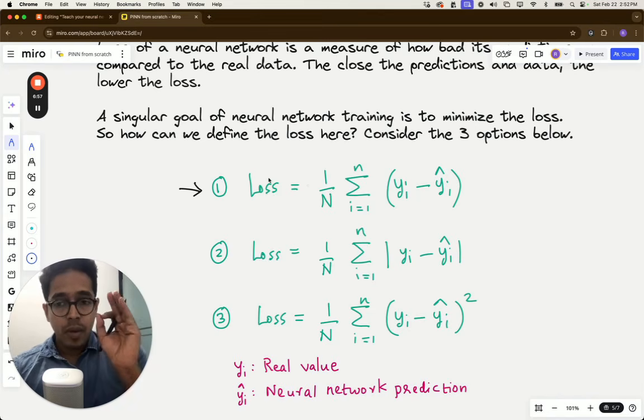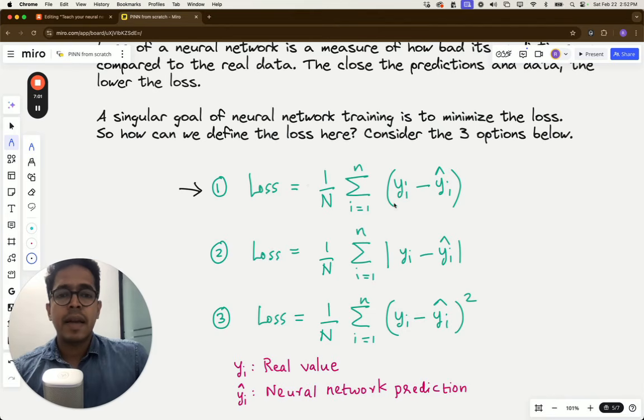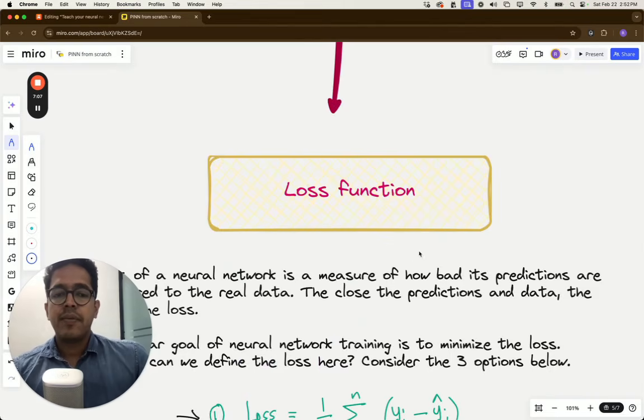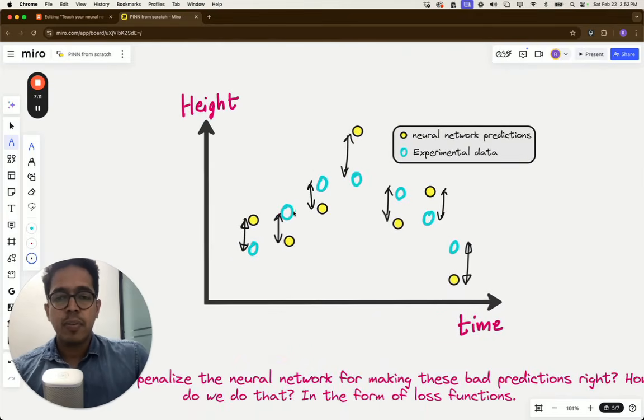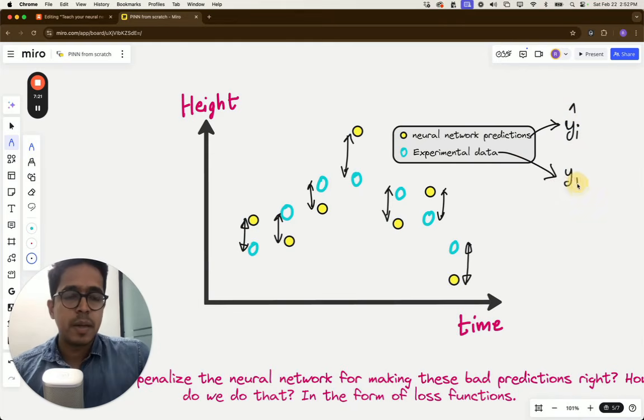The problem, however, with this loss is that look at yi minus yi cap. It's just a parameter which has some sign. This can be positive or negative. All these are yi cap, and all these are yi, experimental data.